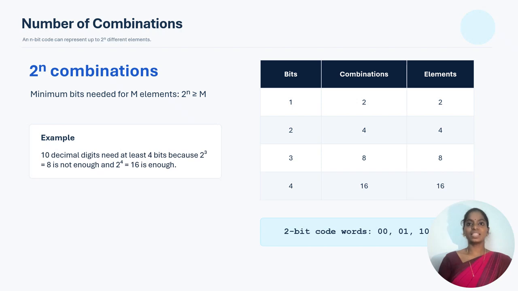So, we take 2 power 4 is 16, which is greater than or equal to 10. However, more bits than the minimum may also be used. For example, a decimal digit can be represented using a 10-bit code, where each digit has one bit set to 1, and all the other bits set to 0.